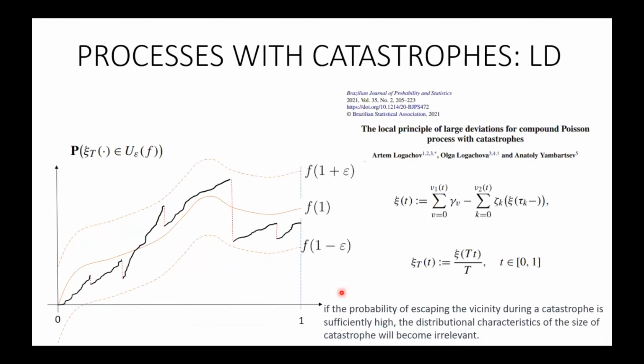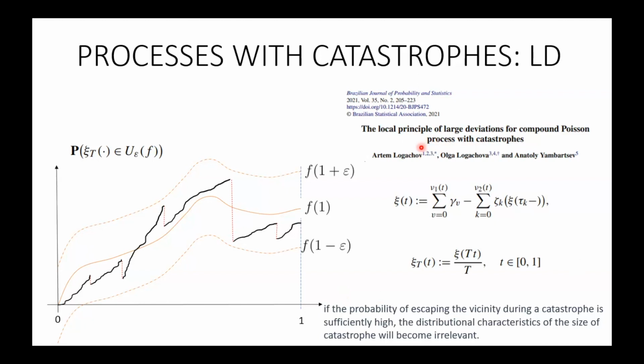What I wanted to say is that some time ago we started to study these processes, and we are interested in the large deviation for such processes. For example, in 21 we published the work about the local large deviation principle for Poisson process with catastrophes.